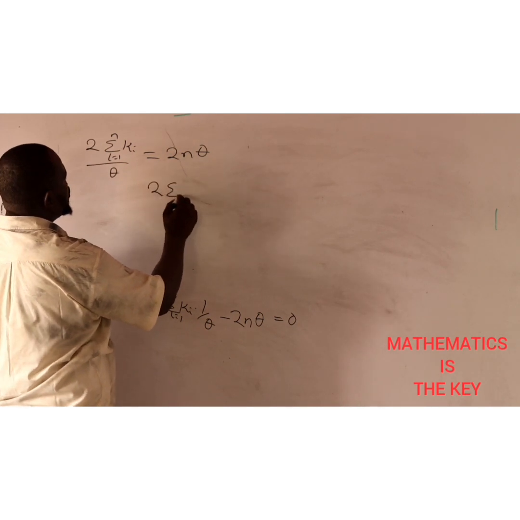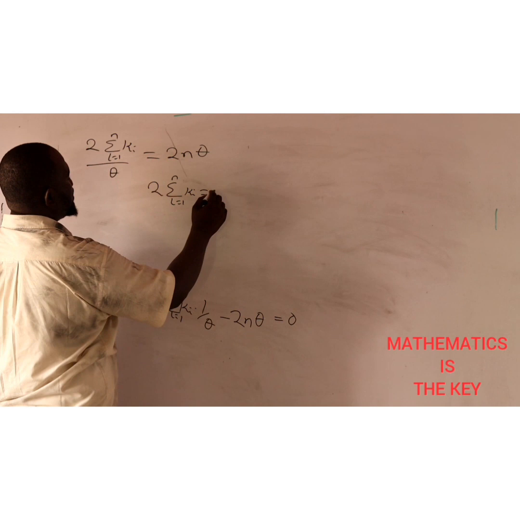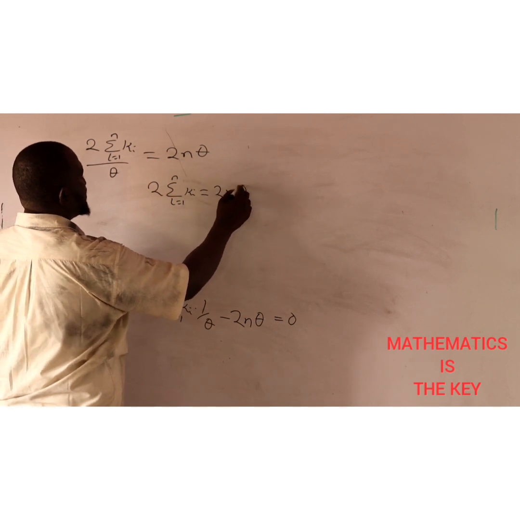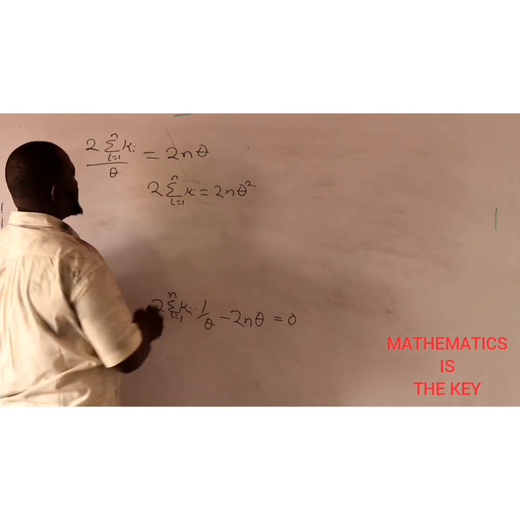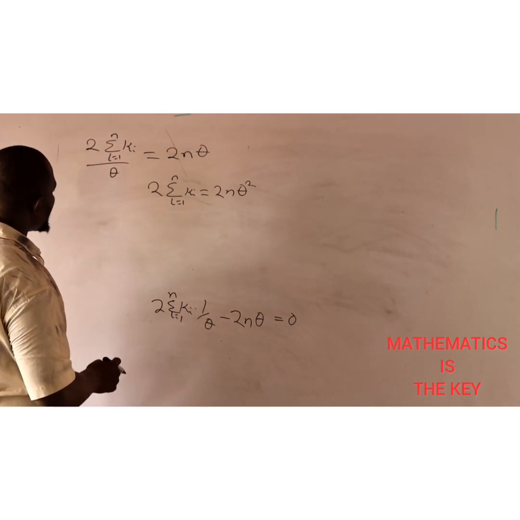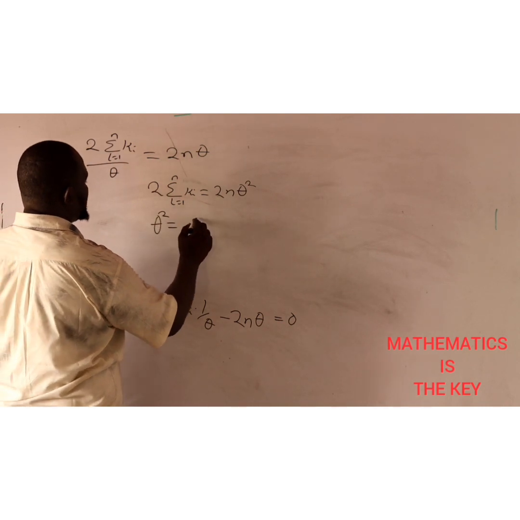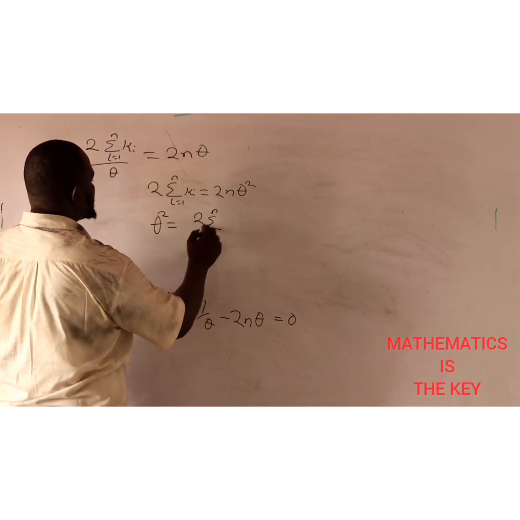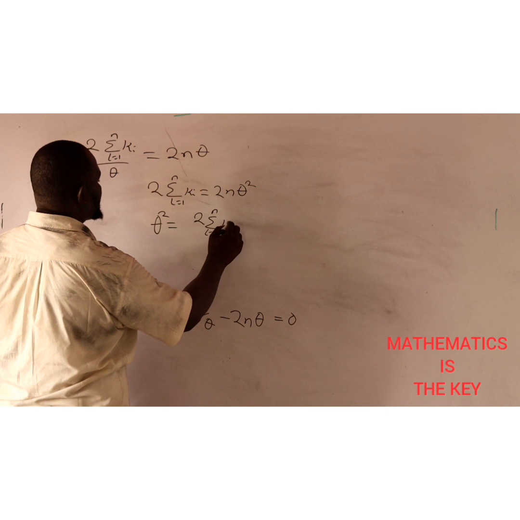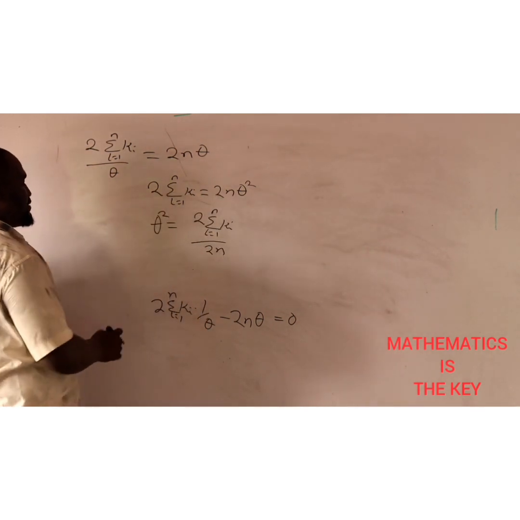We have 2 summation to n of i equals 1 of ki is now 2n theta square. So our theta square is going to be 2 summation to n of i equals 1 of ki all over 2n, by dividing both sides by 2n.